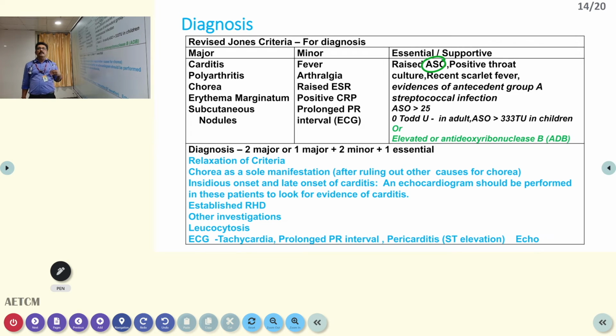Suppose the patient is having a carditis with migratory polyarthritis, you can make a diagnosis of possible rheumatic heart disease. Now, there are some relaxation of criteria, but I am not going to that detail now.